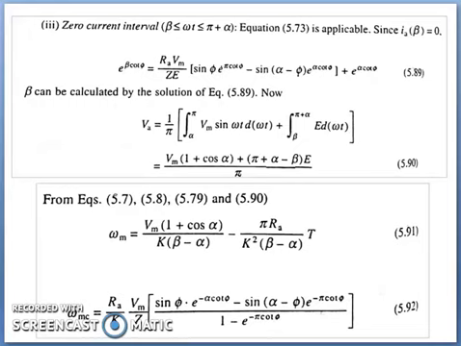Substituting this in the equation of the zero current interval, we get the critical speed omega mc, which separates continuous from discontinuous conduction for a given value of alpha, and it is written as equation 5.92.